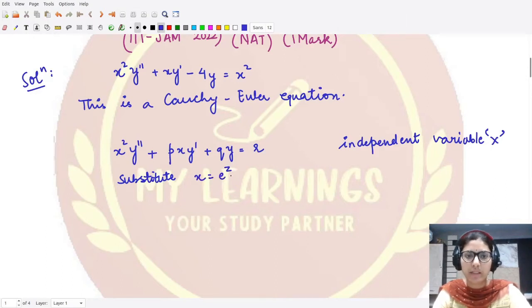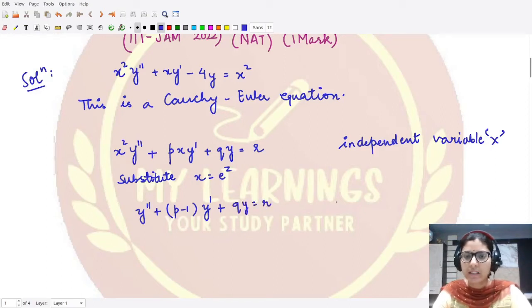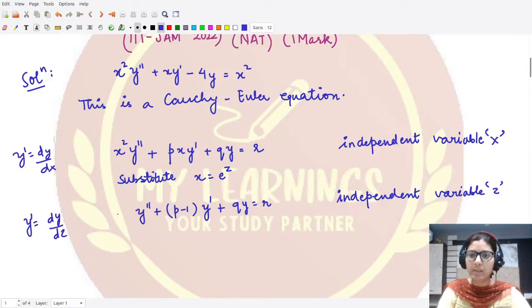When you make the substitution, you now have another equation: y double dash plus (p minus 1) times y dash plus q times y is equal to r. Here your independent variable is z, and notice that earlier y dash represented dy by dx, while here y dash represents dy by dz, because we are now taking the independent variable as z.